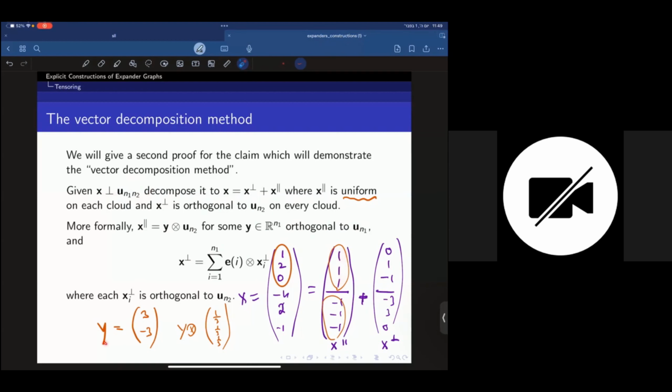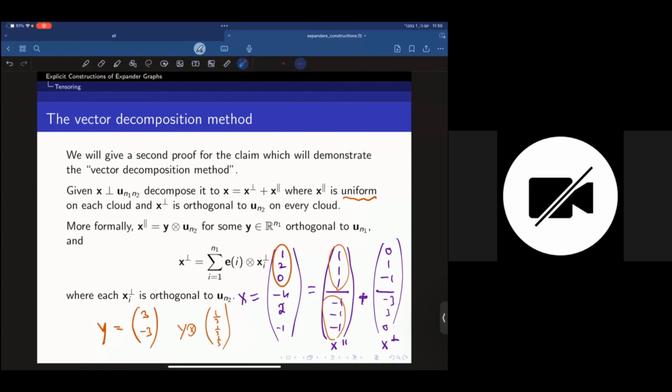So when you take this product and take a y with this, the sum of the yi's is the same as the sum of this vector, and this is orthogonal also. So that must be orthogonal. Right, so x is orthogonal to the uniform distribution. Anyhow, you got it. So little y here is orthogonal in this little n2 world.